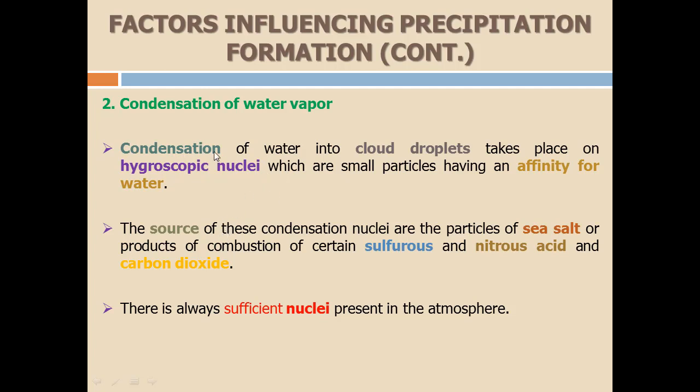So this is condensation. The sources of these condensation nuclei or hygroscopic particles are sea salt and products of combustion, such as certain sulfurous and nitrous acids and carbon dioxide. There are always sufficient nuclei present in the atmosphere.